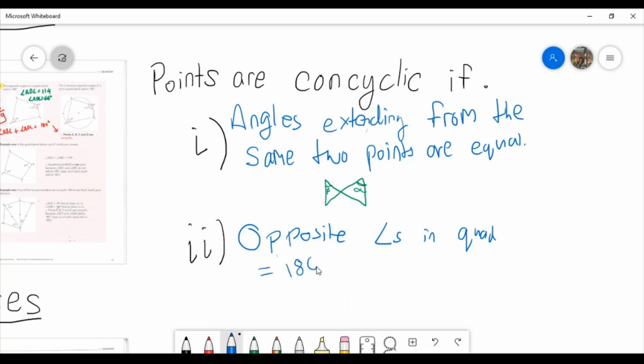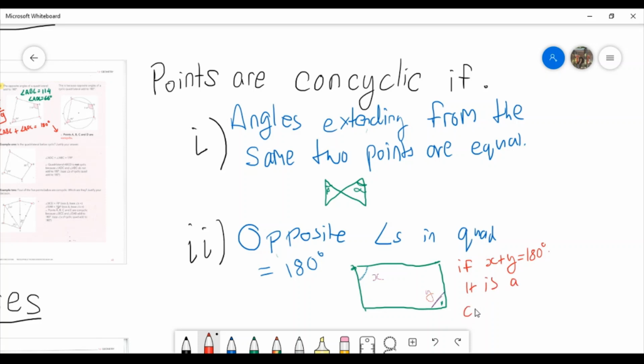The second way is if opposite angles in a quad equal 180 degrees. So in that case, I have a quadrilateral, something like that. And I consider the opposite angles, this angle and this angle, and call them X and Y. If X plus Y equals 180 degrees, it is a cyclic quadrilateral.